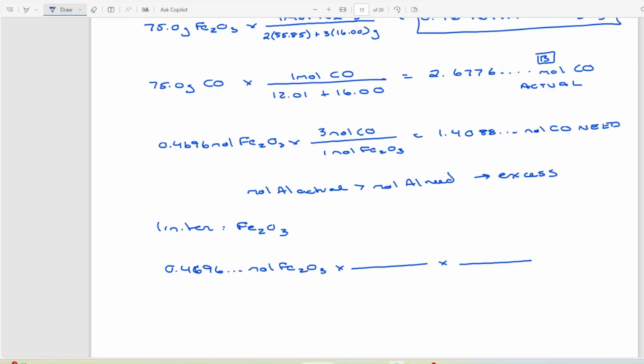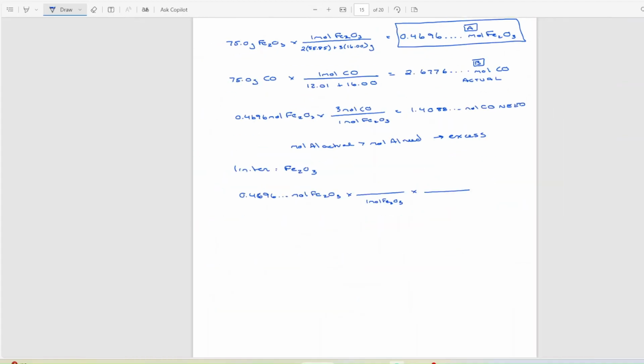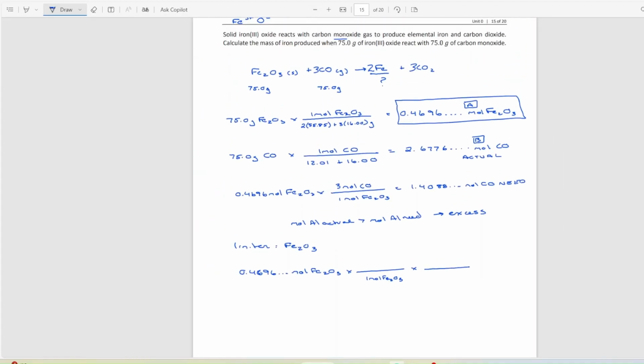So from my formula, I know that 1 mole of iron 3 oxide produces, I'm just going to shrink this down, I just need to see my top, 2 moles of iron. And then I know that 1 mole of iron weighs 55.85 grams.